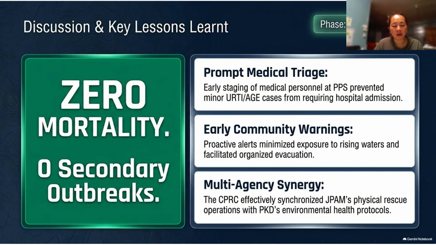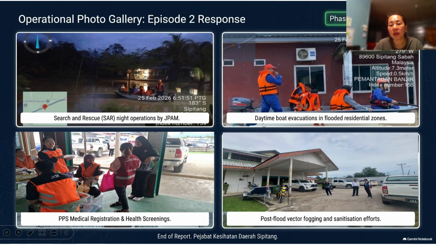Second, early community warning reduced exposure to rising floodwater and supported organized evacuation. And third, multi-agency cooperation was very important. The coordination between CPRC, JPAM, Pejabat Kesihatan, and other agencies supported rescue operations and public health activity. Overall, the response recorded 0 mortality and no secondary outbreak.